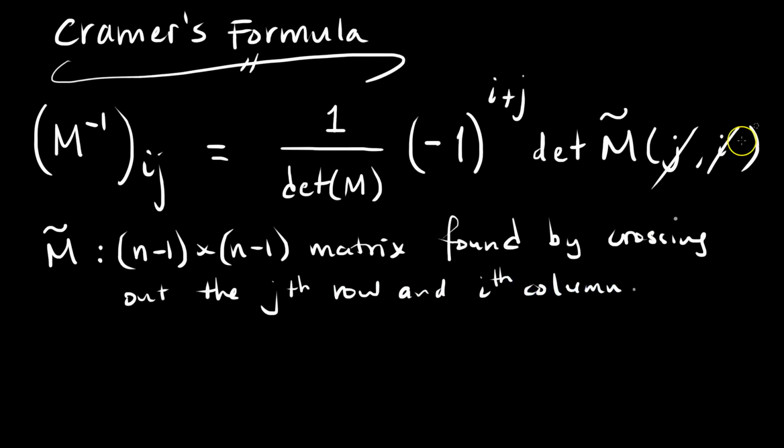That's why I wrote the slashes here, because they're supposed to mean that you have to cross out the jth row and the ith column. Okay? So this is the formula. These are the elements of the inverse.